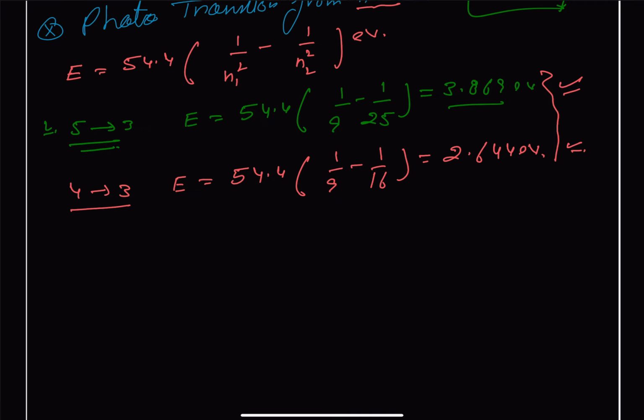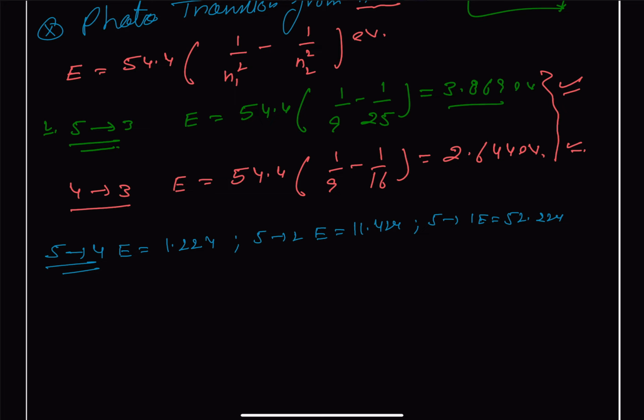And with the same formula, from 5 to 4, we get the value of energy is 1.224, and from 5 to 2, we get value of energy is 11.424, and from 5 to 1, we get value of energy will be equal to 52.224, and all these are in electron volts.